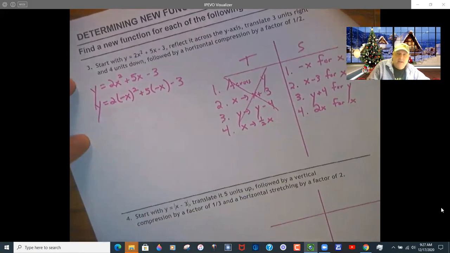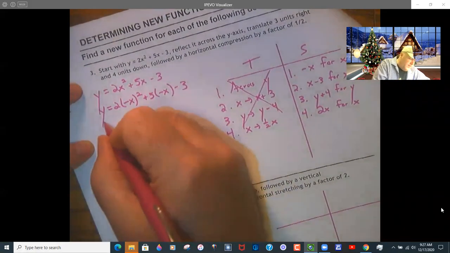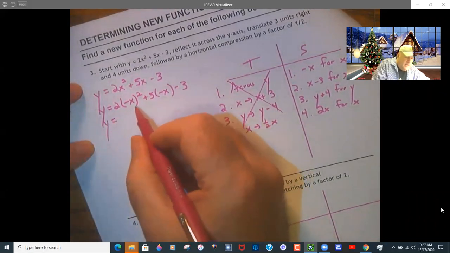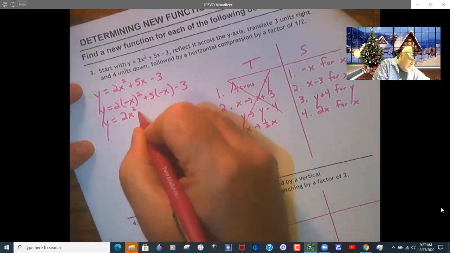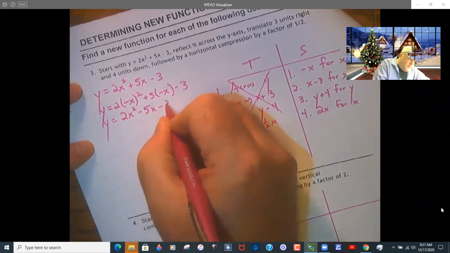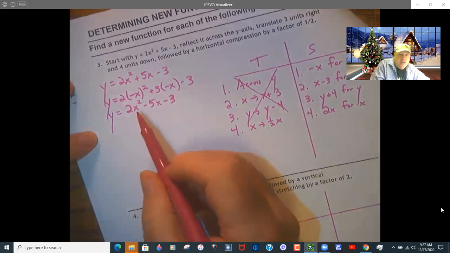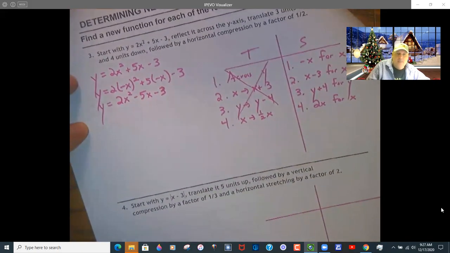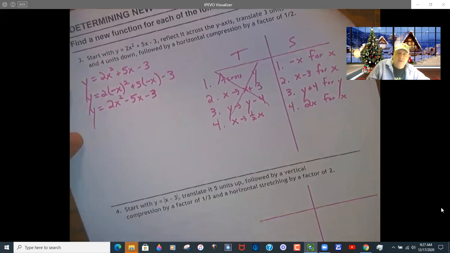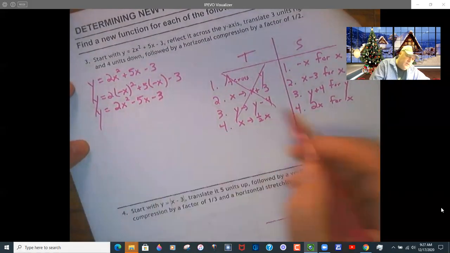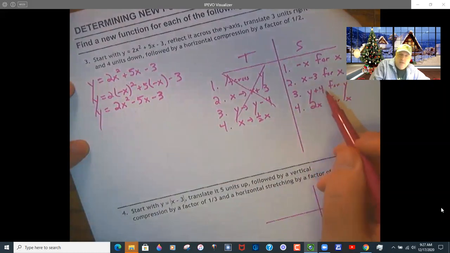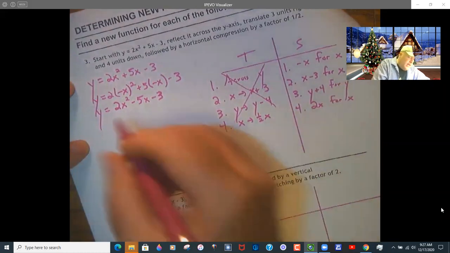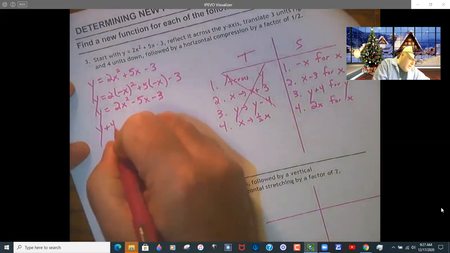So that's negative x in for x. And then we have to simplify. So negative x squared is just x squared. How's that possible? Well, negative x times negative x is positive x squared. All right, so second thing, x minus 3 in for x. And so if you have 2 translations in a row, you can actually do those together in the same line.